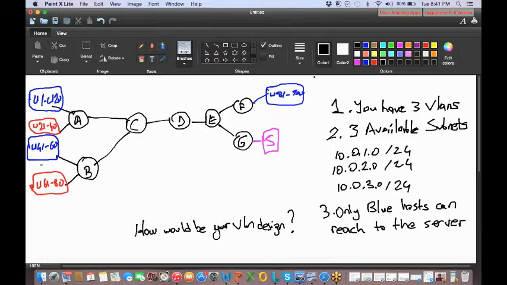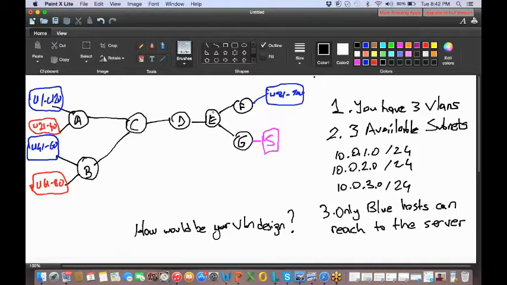This can be a department in the network, let's say the marketing department, and their users are separated like this, and another one is engineering maybe.